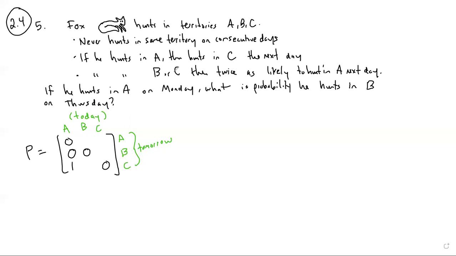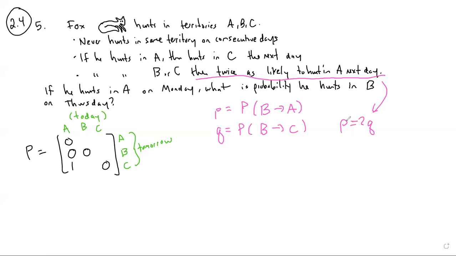You might be able to figure out this number, but let's say I let P be the probability of B transitioning into A, and I'll call Q the probability that B transitions into C, because we know that B does not transition into B. He never hunts in the same territory twice in a row. What we're given from this information is that P is 2 times Q, so P equals 2Q.